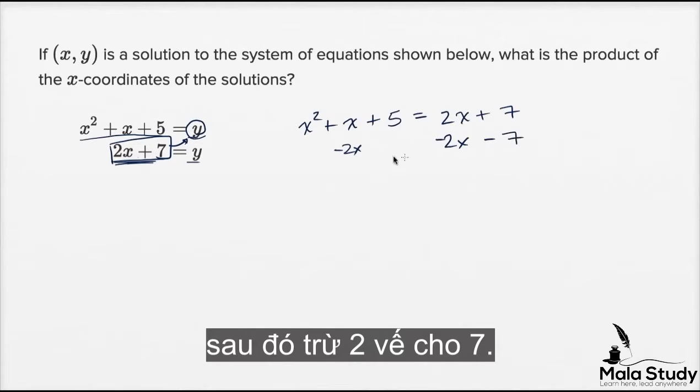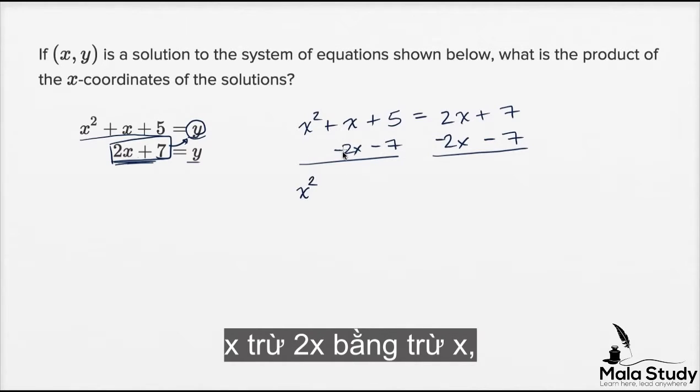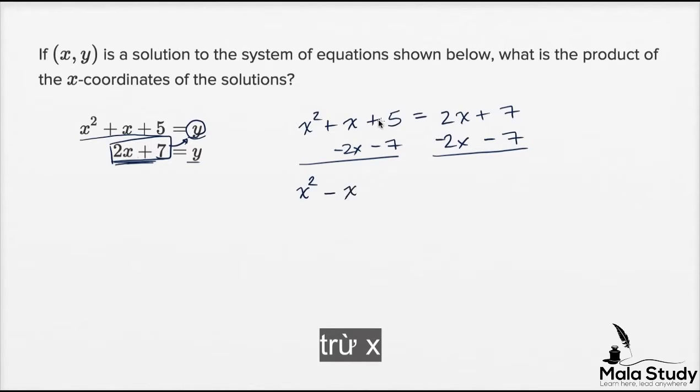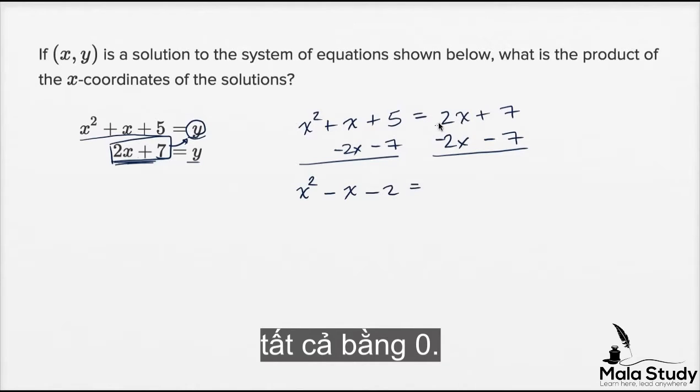And we could subtract 7 from both sides. And on the left-hand side, we're going to be left with x squared. x minus 2x is negative x. Positive 5 minus 7 is negative 2, is equal to, well, 2x minus 2x is 0. 7 minus 7 is 0. That was by design. It's going to be equal to 0.